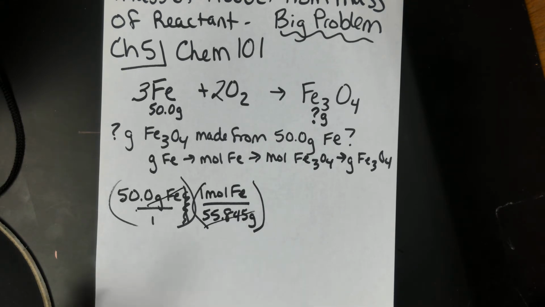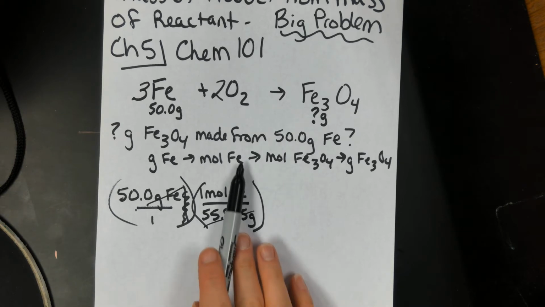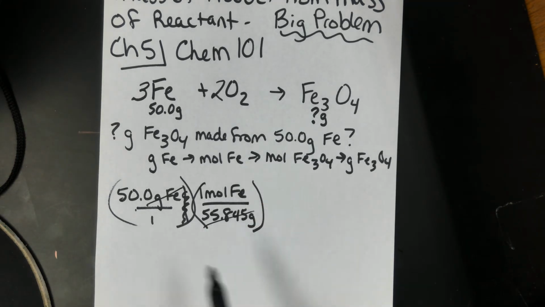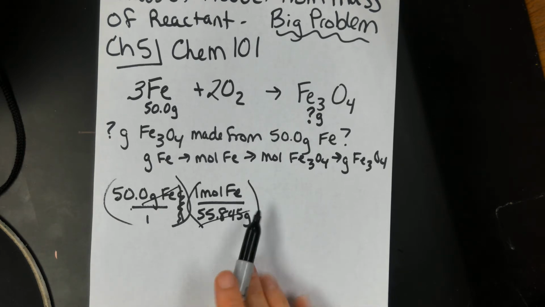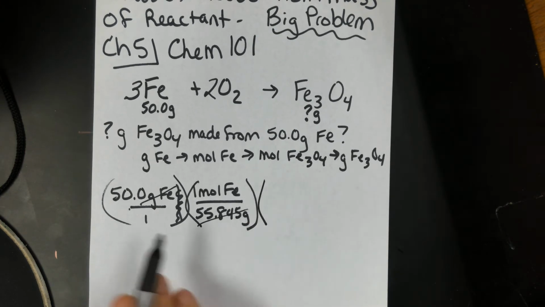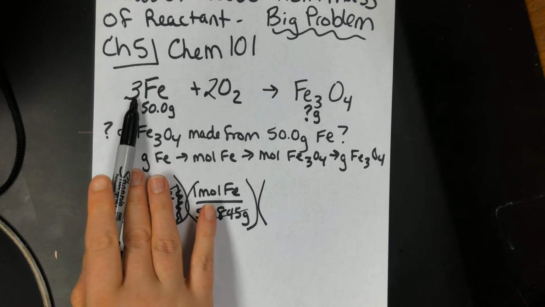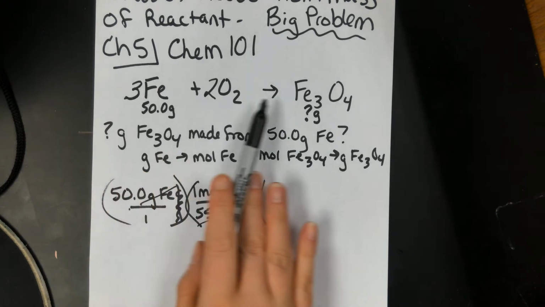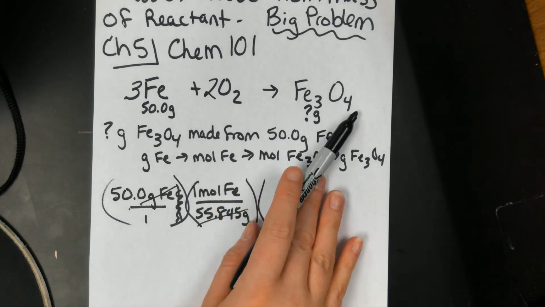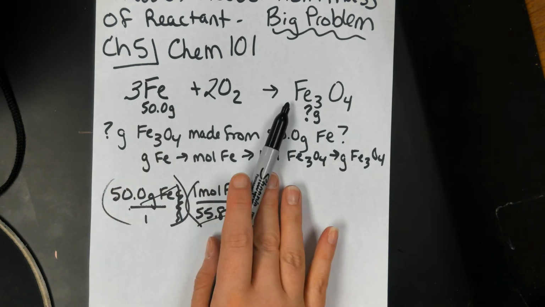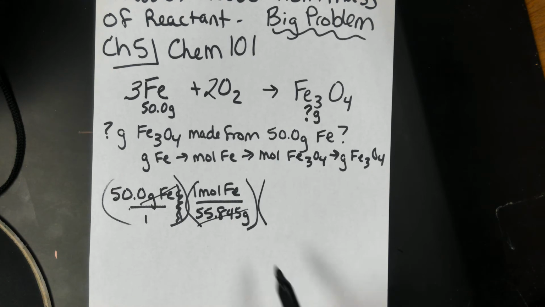Now my next step is to convert moles of Fe into moles of iron oxide. How do I do that? I'm going to use the mole to mole ratio. 3 moles of Fe for every 1 mole of this iron oxide compound.